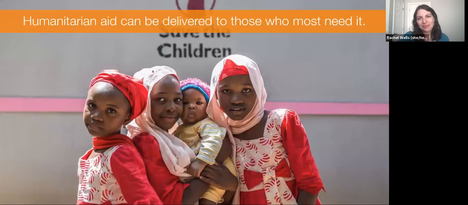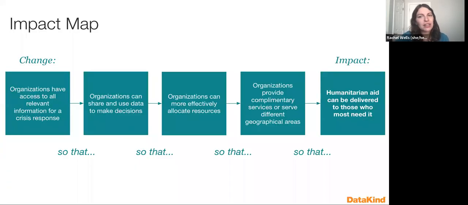change. So let's go back to our humanitarian aid organization that works towards getting aid to those who need it the most, and wants to increase access to all relevant information for crisis response across the sector. DataKind actually worked with 3 organizations towards this aim on a project that kicked off last year.